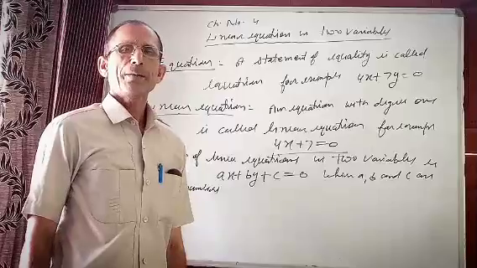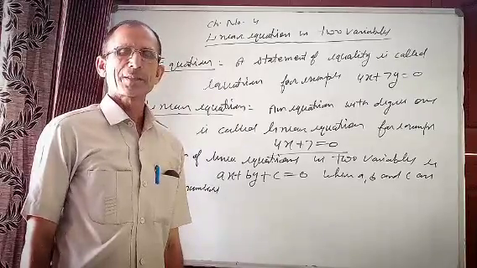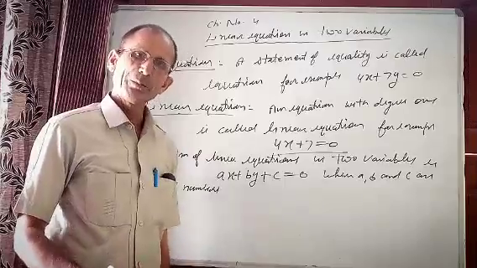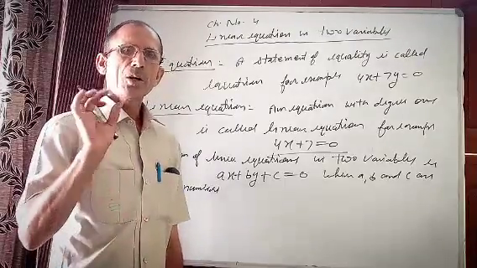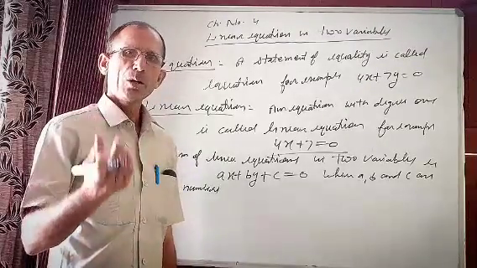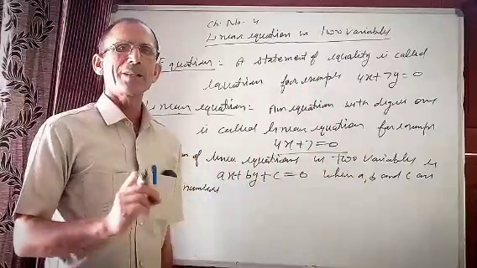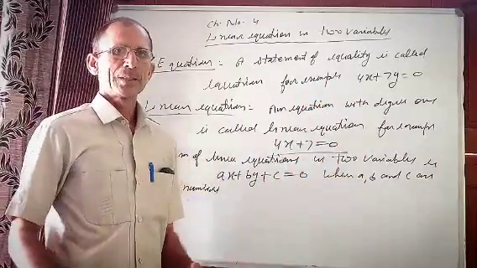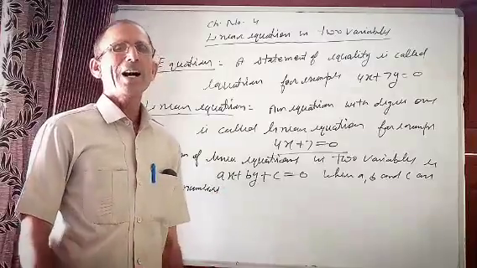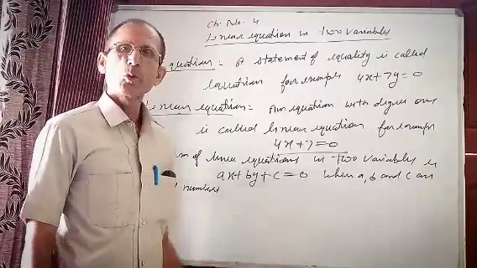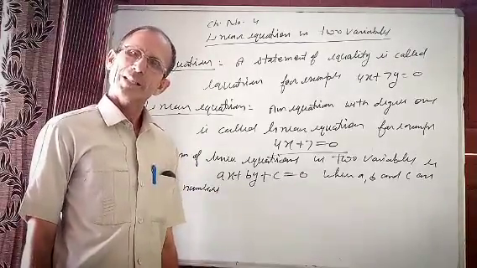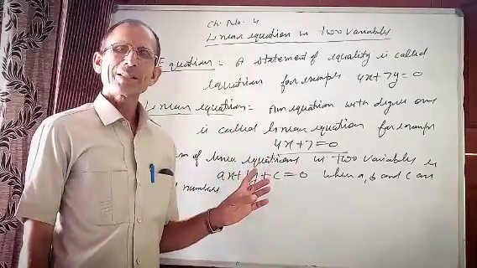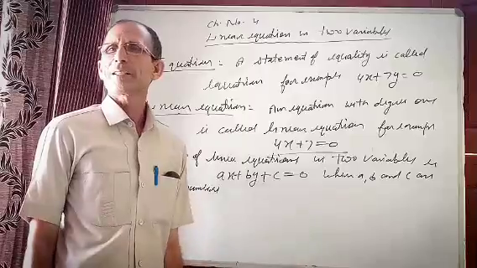First of all, every student must know what real numbers are. All the natural numbers, whole numbers, integers, rational numbers and irrational numbers together make the real numbers. It means all the numbers put together are called real numbers. Root 5 is an irrational number, but it is real also. 1 by 2 is a rational number, but it is real also.